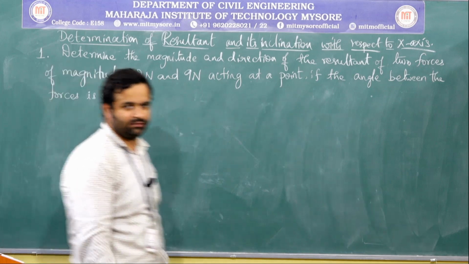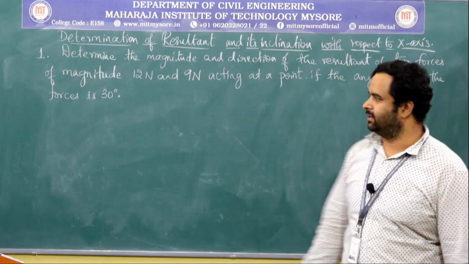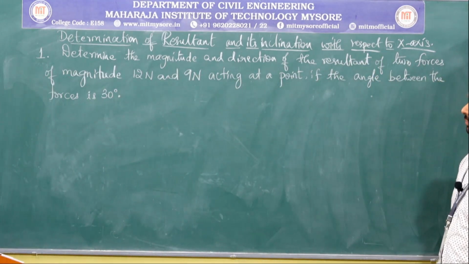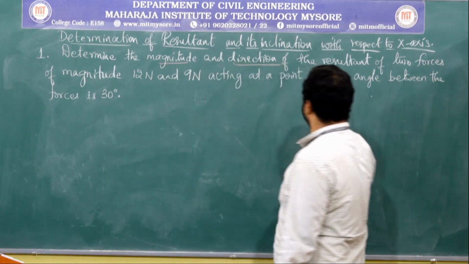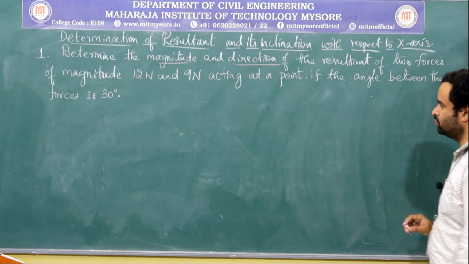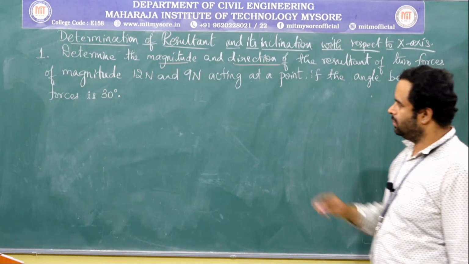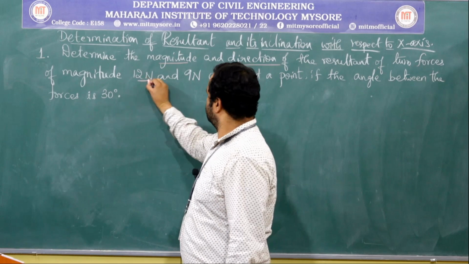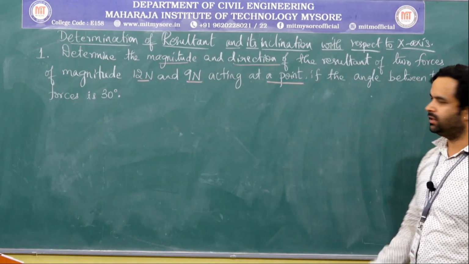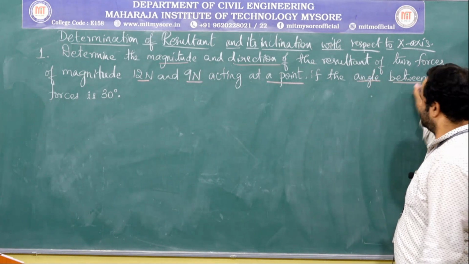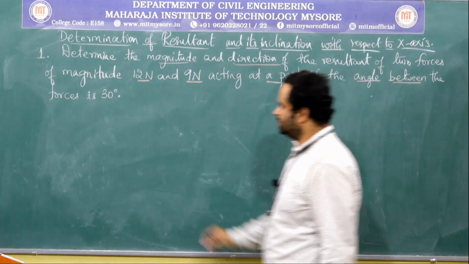This is the question given. Please try to understand. Determine the magnitude and direction of the resultant of the two forces of magnitude 12 Newton and 9 Newton acting at a point if the angle between the two forces is 30 degrees.